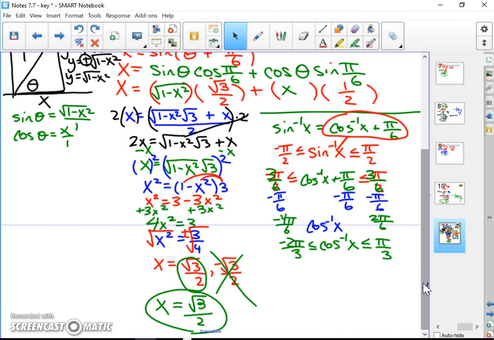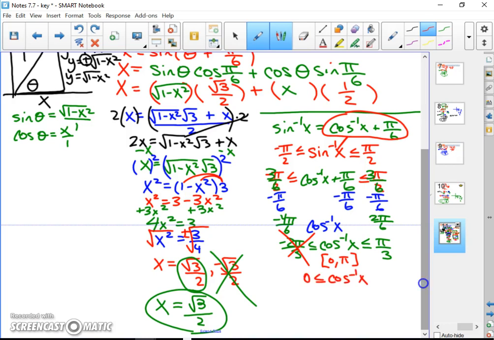But that doesn't really make sense totally, because we know from our definitions that inverse cosine's range is from 0 to pi. And so what that means is you can't have any negative values. And so essentially that means inverse cosine in this example is wedged in between 0 and pi over 3.